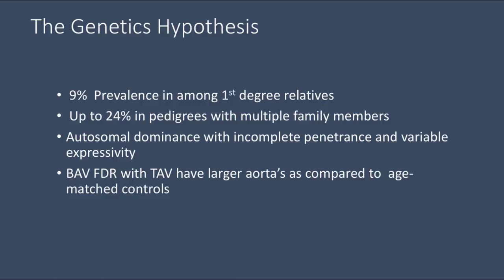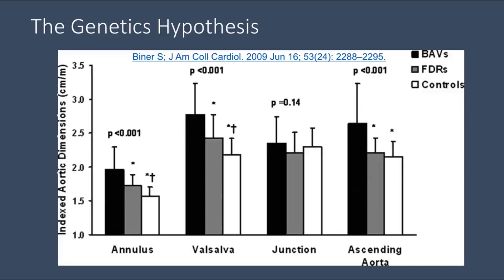An argument that supports the idea that this is more genetic is that if you look at the first degree relatives of those individuals with a bicuspid aortic valve, even though they have a tricuspid aortic valve, they still tend to have larger aortas than the control population. This was a study published in 2009 by Biner and colleagues.